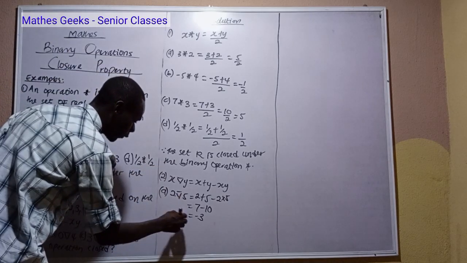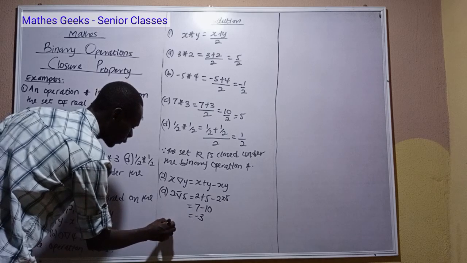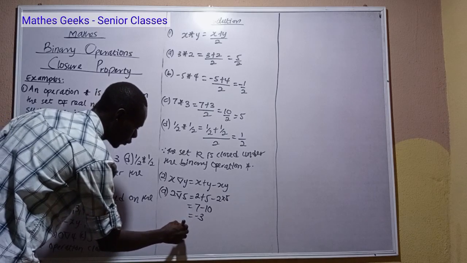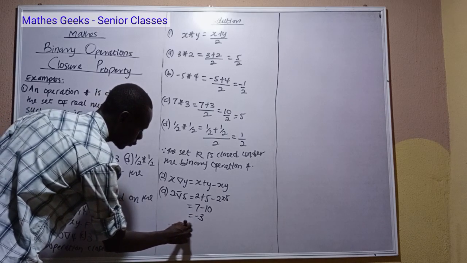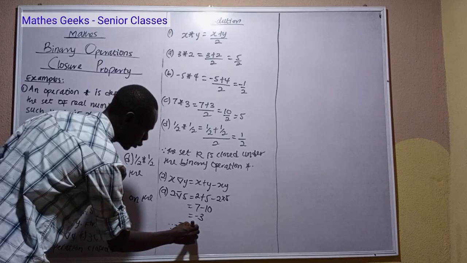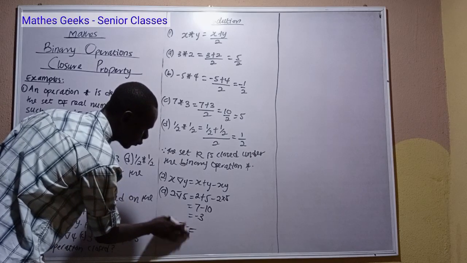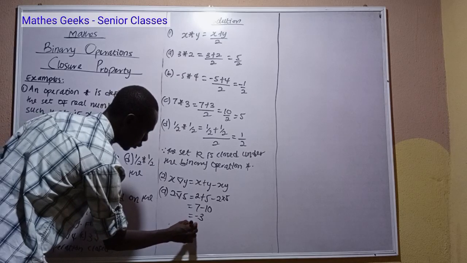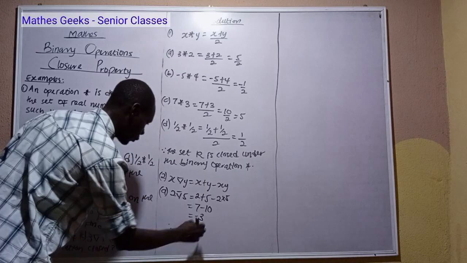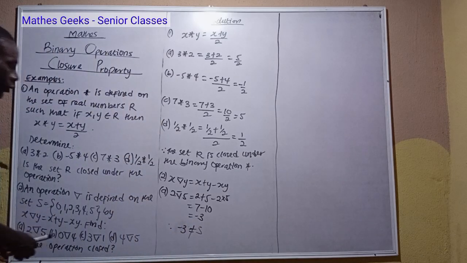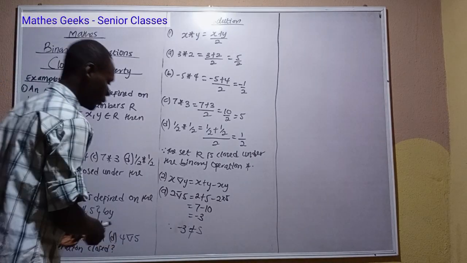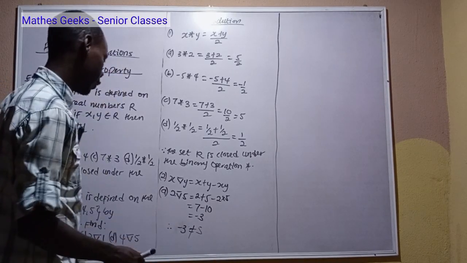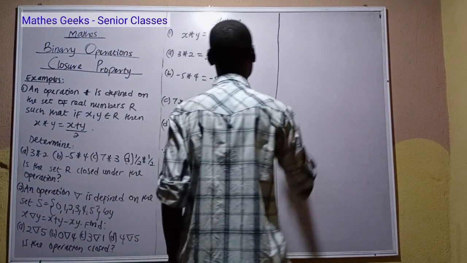So 2 operation 5 is not okay. Minus 3 is not a member of the set S. Let's bear that in mind.